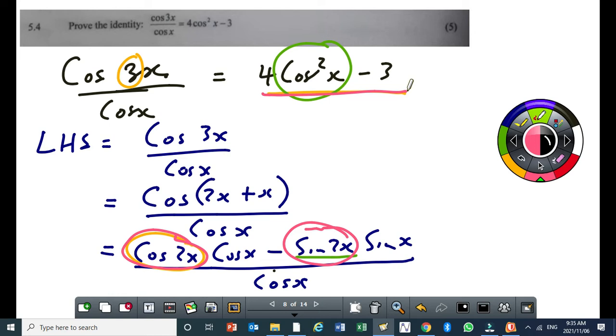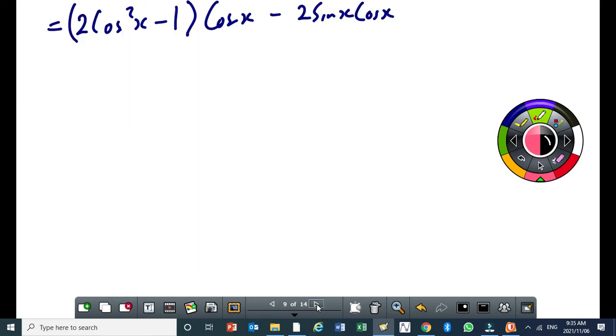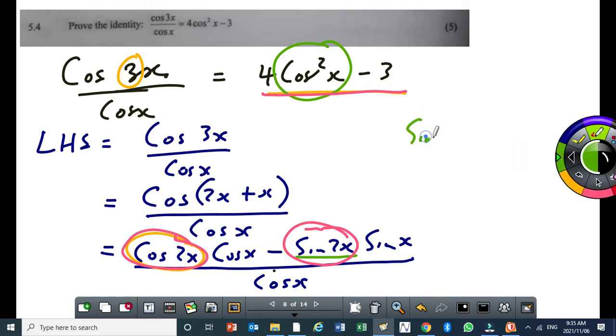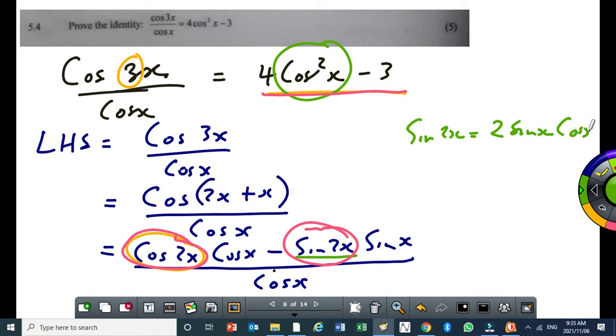Fortunately, cos 2x is equivalent to 2 cos squared x minus 1, multiplied by cos x. That's why I put it in brackets. Then sine 2x is equivalent to 2 sine x times cos x. I hope you remember that this comes from the compound angles.